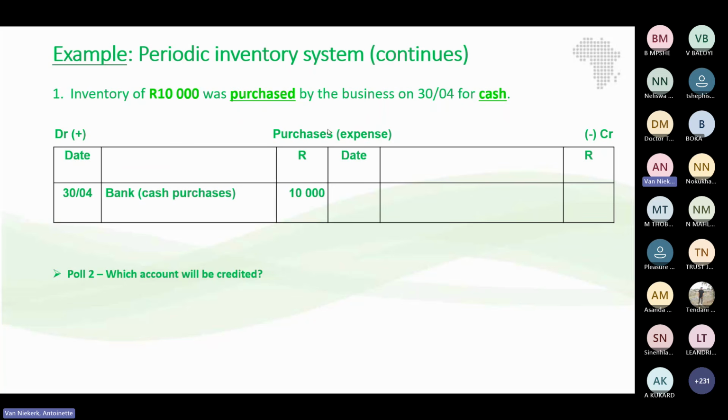You will see, because purchases is an expense account, it increases on the debit side and it decreases on the credit side. Okay, I hope this makes sense. So remember, you purchase something. So purchases occurred, which is an expense.